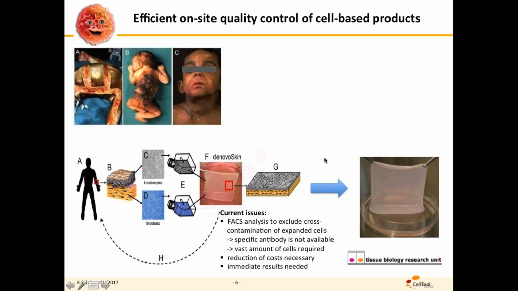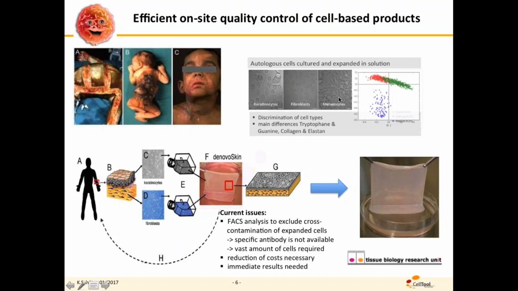Now, when we look at the currently used methods, it is FACS analysis that they use to make sure there is no cross-contamination in those two cultures, and there's no melanocyte in there. But this takes time, and the antibodies for fibroblasts are not very good, and it would also be interesting to reduce costs and get the results much faster.